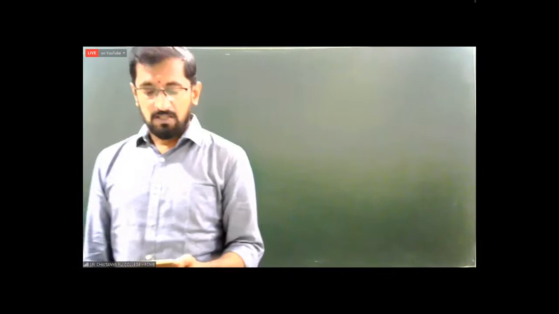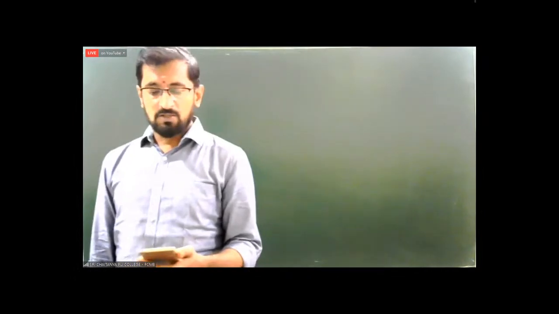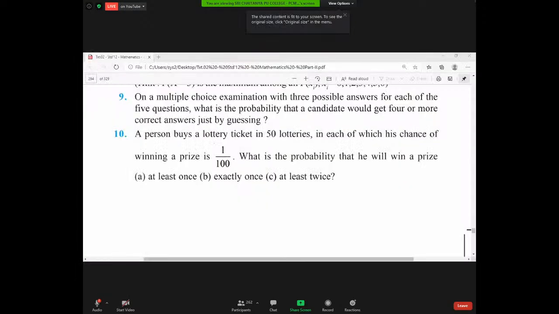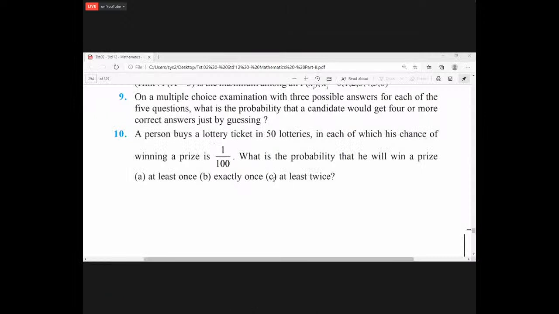A person buys a lottery ticket in 50 lotteries, right? In each of which his chance of winning a prize is 1 by 100. That means n is equal to 50.